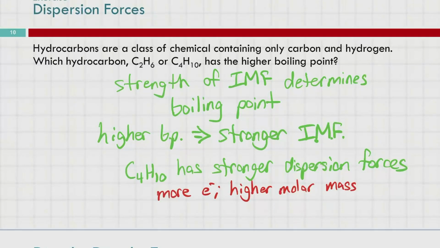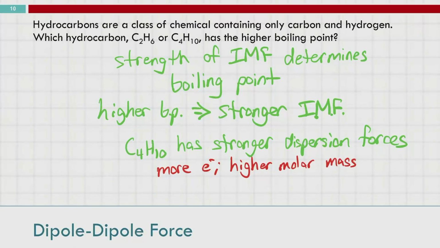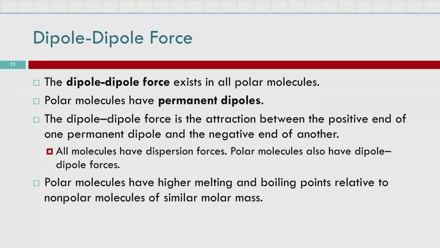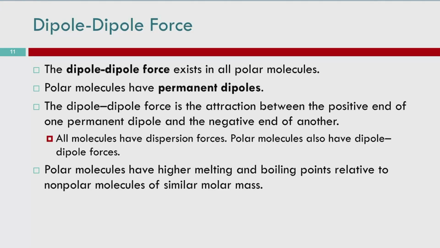Our next force is the dipole-dipole force. And the dipole-dipole force exists in polar molecules. So hopefully you remember polar molecules from towards the end of chapter 7. Polar molecules have permanent dipoles. So with our dispersion forces, we had temporary dipoles, temporary partial positive, partial negative forces.